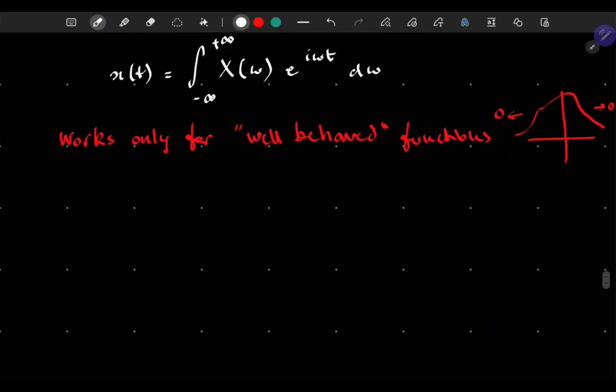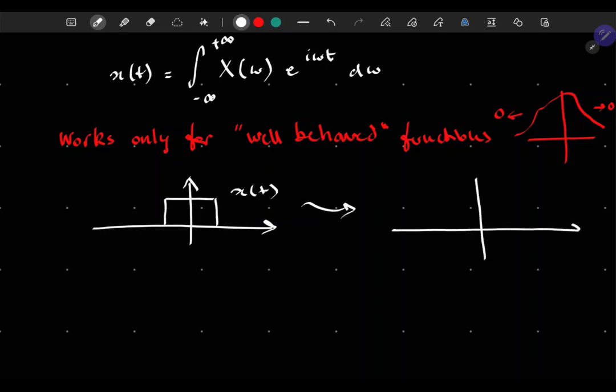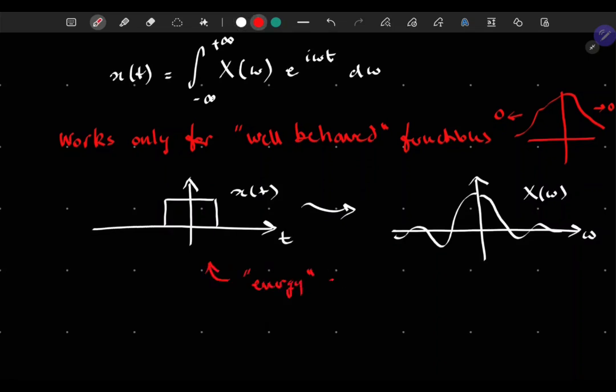For example, you might have seen the transform of a square window, which satisfies our property, and is given by this function here. Signals that satisfy this property are sometimes called energy signals, and for this class of signals, the Fourier transform is well defined.